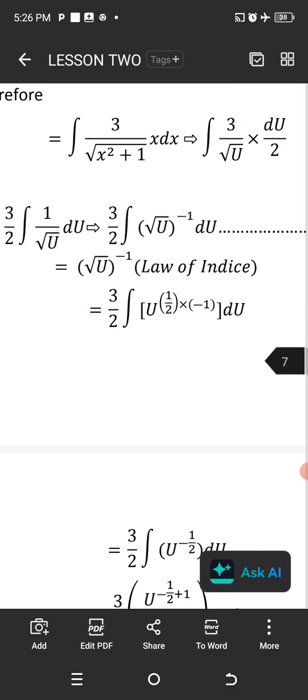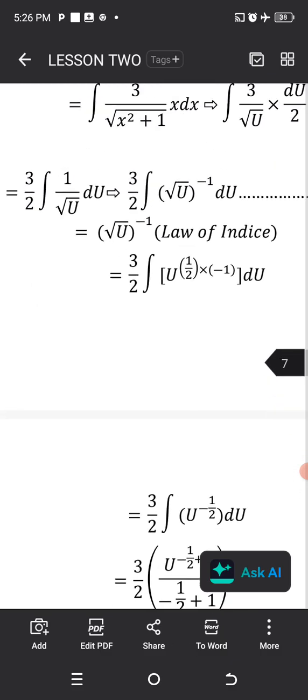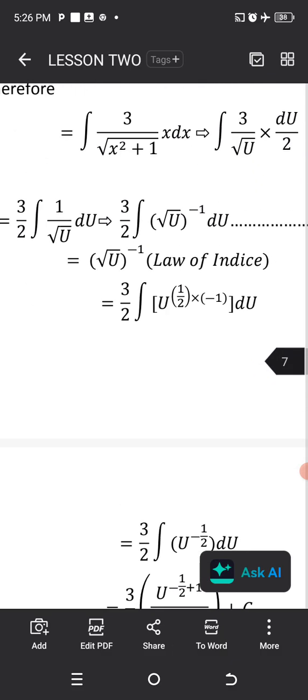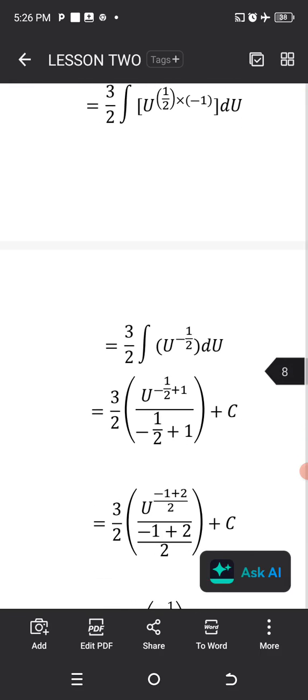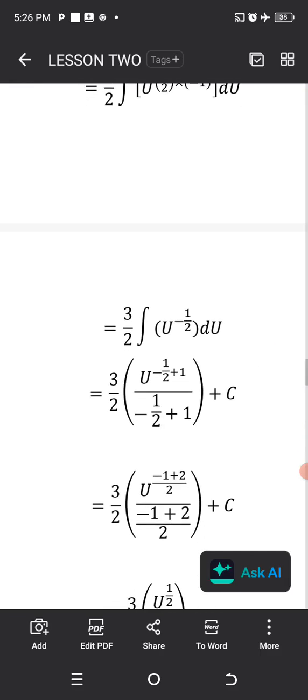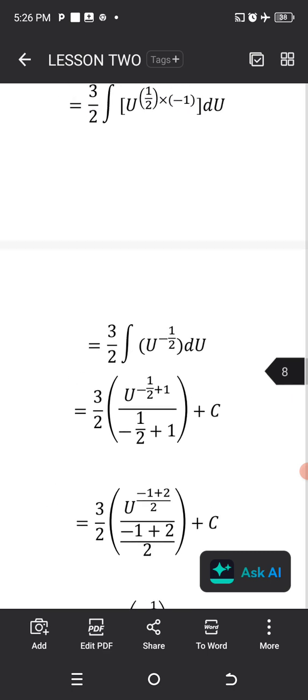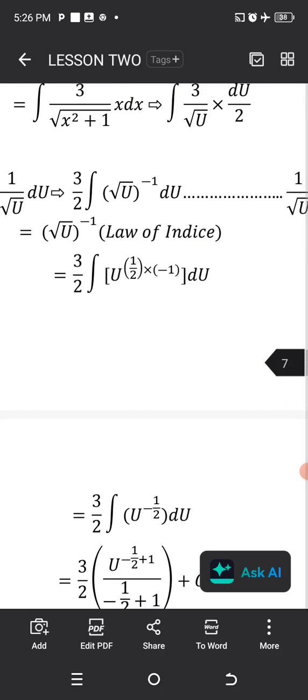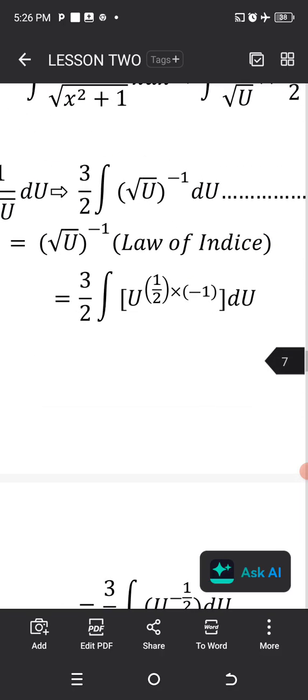So after integration, still from the basic knowledge of the law of indices, we have 3 over 2 integral of u raised to power minus half du. That is gotten from this particular region here.